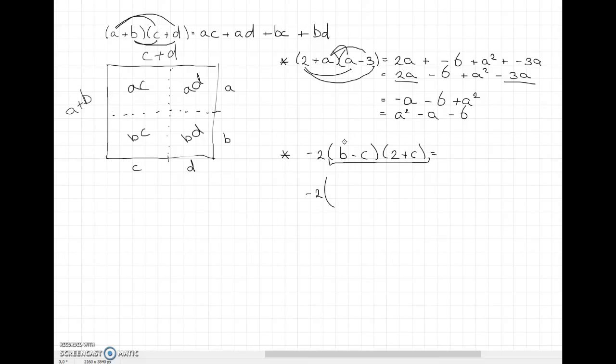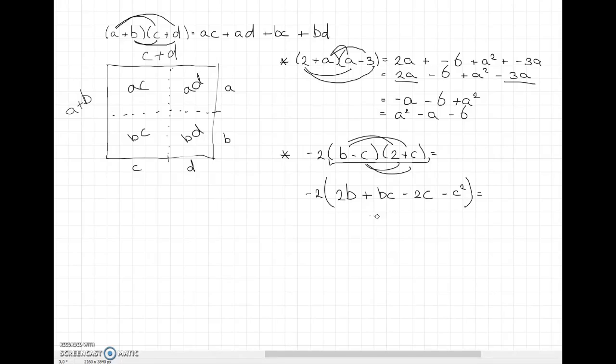So first b times 2, which is 2b, b times c, which is bc, negative c times 2, minus 2c, negative c times c is minus c squared, and here we close the bracket again.